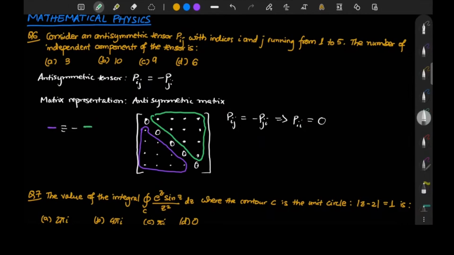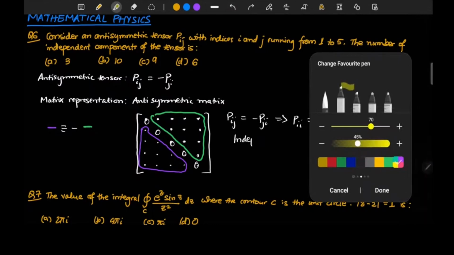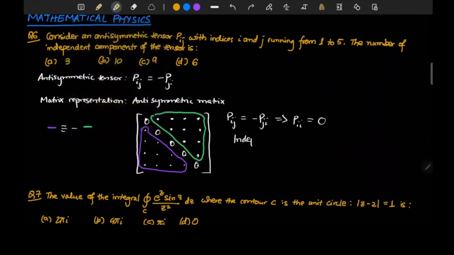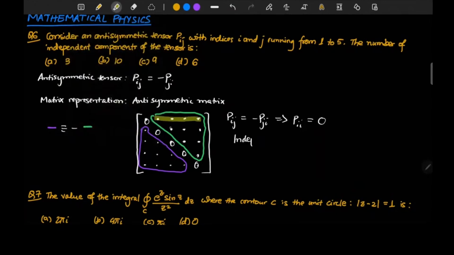So we only need to consider one of the triangular elements. These elements over here are the independent components.